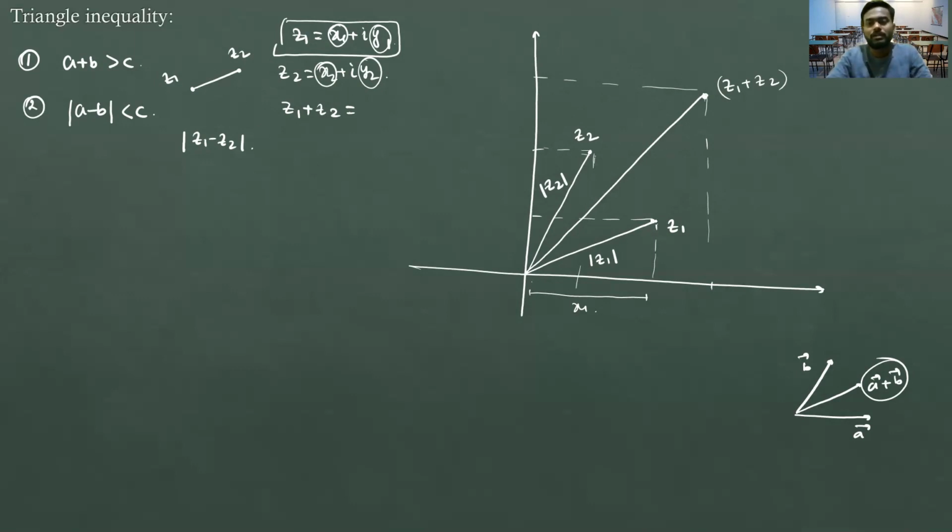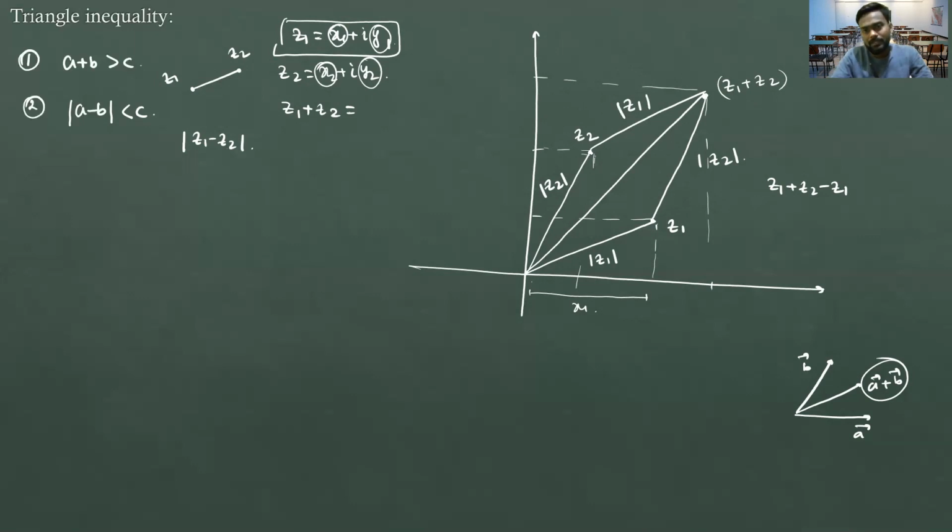Suppose I want the distance between Z1 and Z1 plus Z2, how much will it be? The distance between Z1 plus Z2 and Z1 will be Z1 plus Z2 minus Z1, so this length will be modulus of Z2. Similarly, this length will be modulus of Z1.